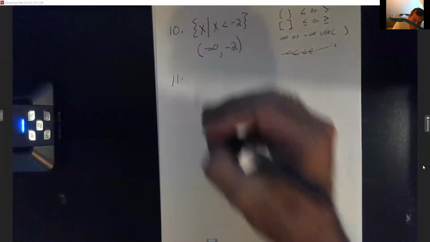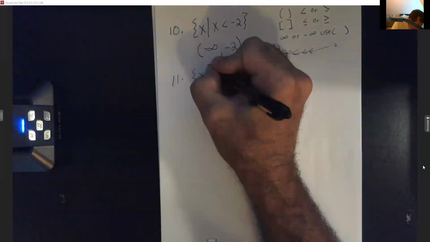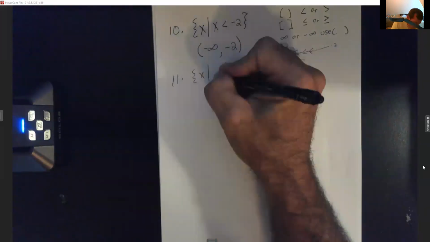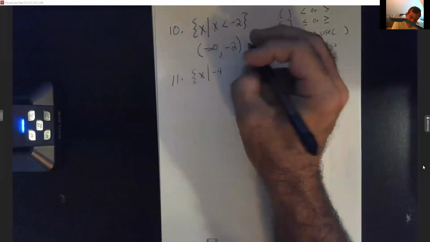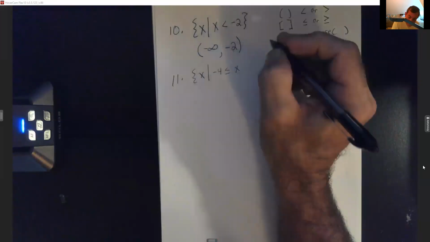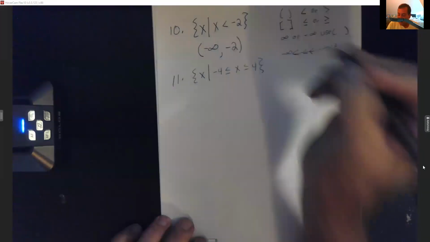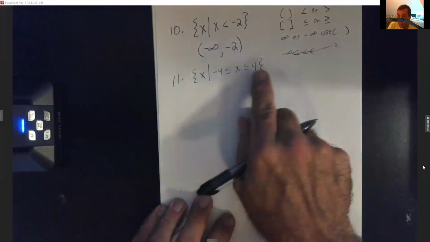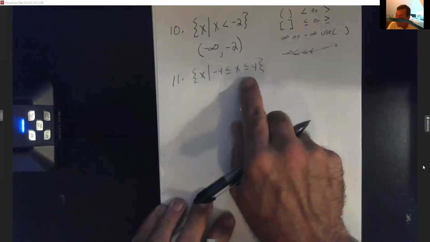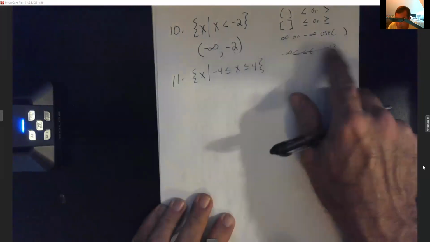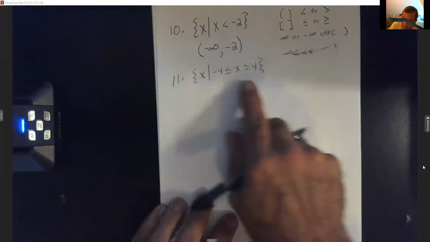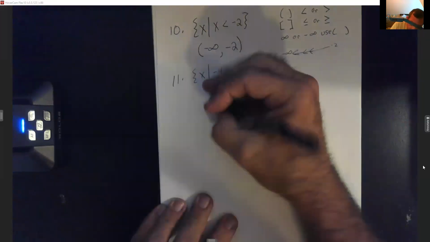Same thing, x such that, watch this, negative 4 is less than or equal to x, which is less than or equal to positive 4. Now, since they gave me the two numbers on either side of the x, I don't get to use the infinities this time. So the lowest number is going to be the negative 4.